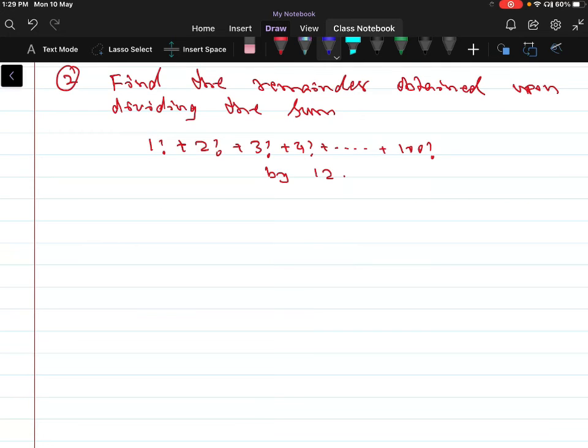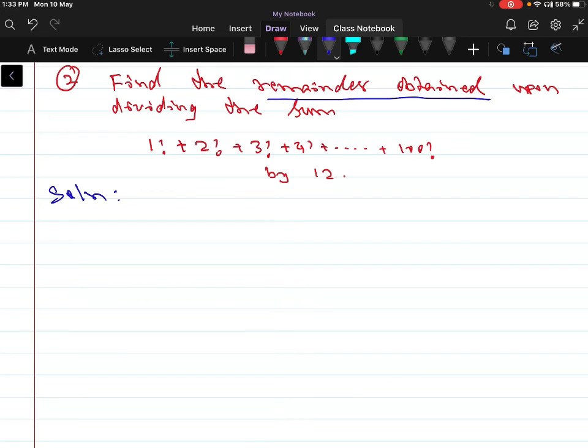Consider another example. Find the remainder obtained upon dividing the sum 1 factorial plus 2 factorial plus 3 factorial plus 4 factorial and so on plus 100 factorial by 12. We move to the solution.